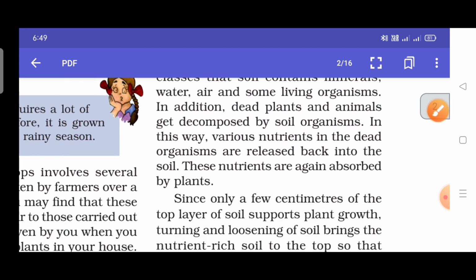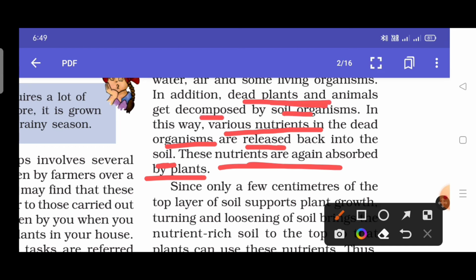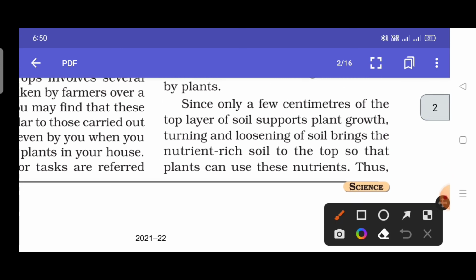Okay, in this way various nutrients in the dead organisms are released back into the soil, and these nutrients are again absorbed by the plant. So when the soil organisms decompose dead and decaying matter of plants and animals, then they release the nutrients into the soil, and the released nutrients are used by the plant for growth.